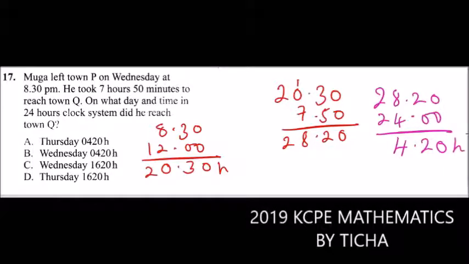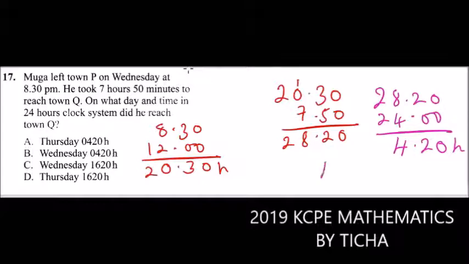So this means that since he had left the town on Wednesday at 8:30 p.m., he reached town Q on Thursday at 4:20, Thursday at 4:20 in the morning. So you can check.